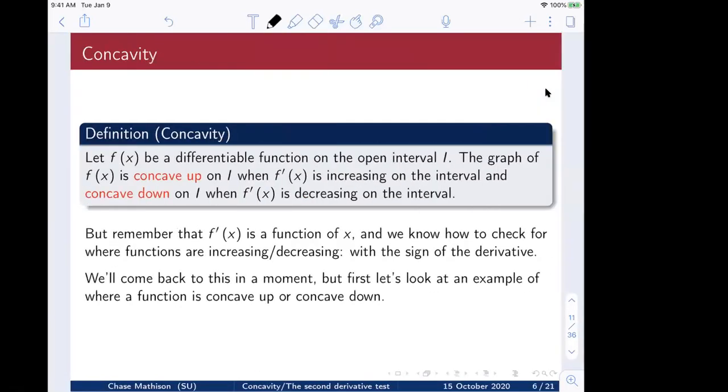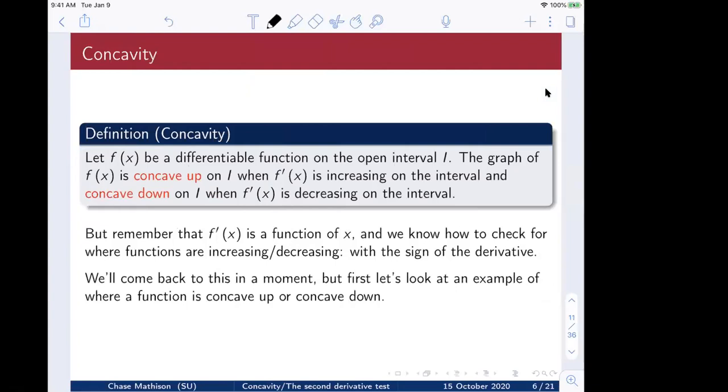Really quick, let's look at the graph of a function where we can see where it is concave up versus concave down. Your book, by the way, uses the words concave upward and concave downward.